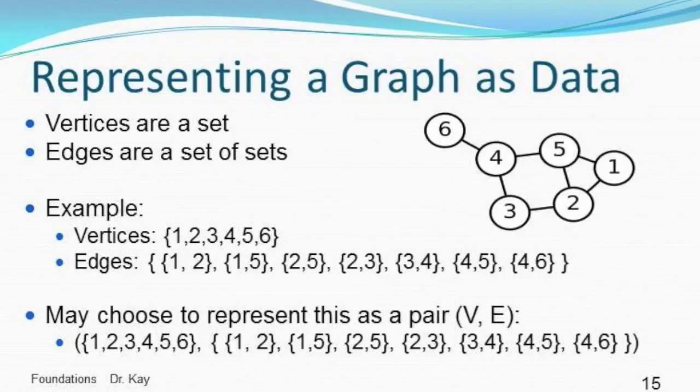So what we are going to do is say that vertices are a set and edges are a set of sets. So for example, what are the vertices in this graph pictured here? Well, they are 1, 2, 3, 4, 5, 6. So the vertices are the set containing the elements 1, 2, 3, 4, 5, and 6. And what are the edges in this graph?